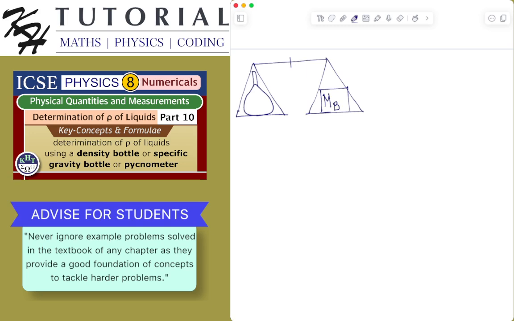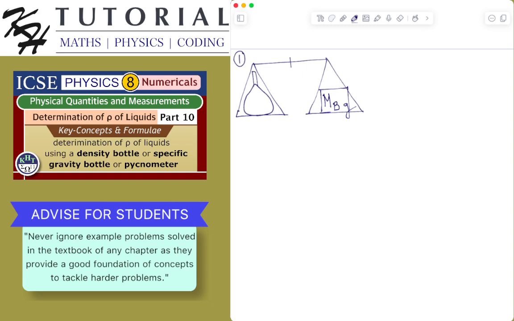Let's say we are using the unit of gram. Now it could be kilogram, it will not matter. Let's say the mass of the empty density bottle is MB gram. Okay, so this was step 1.